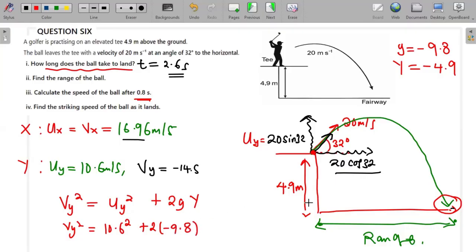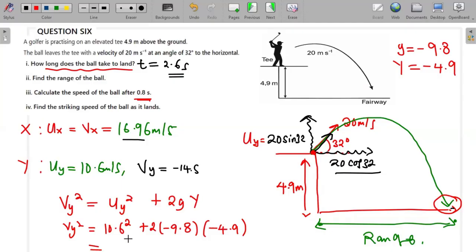And this y here, because it starts at a point above, goes up again and then drops down, we get as a negative like this. So I have 10.6 squared plus 2 multiplied by minus 9.8 multiplied by minus 4.8.